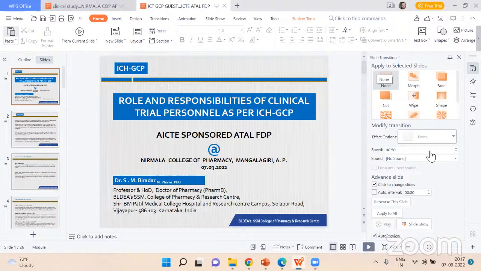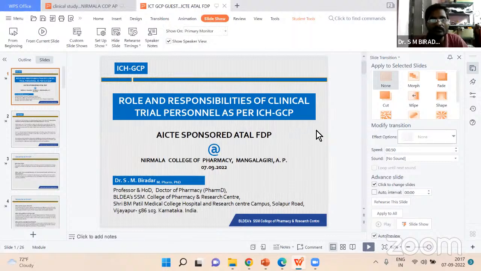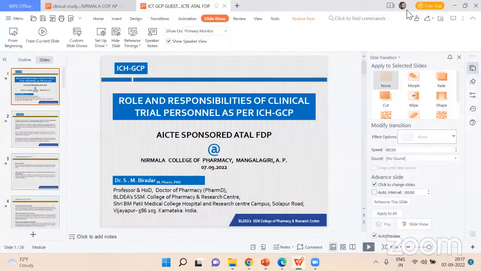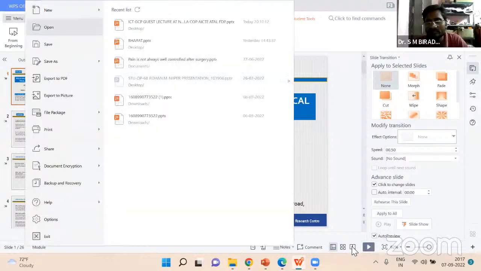Slideshow option, sir. Here, from the beginning, you can select. I just want to make it full screen.